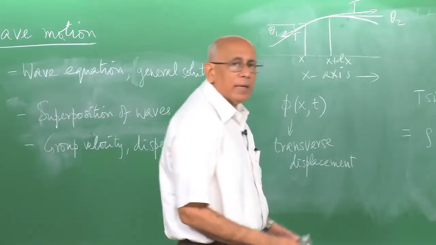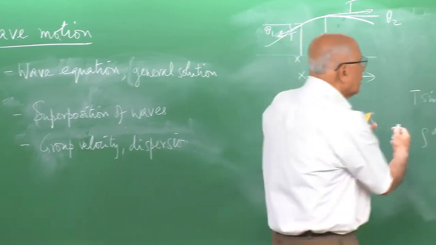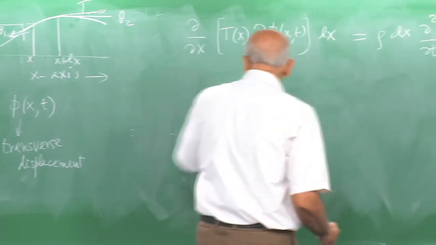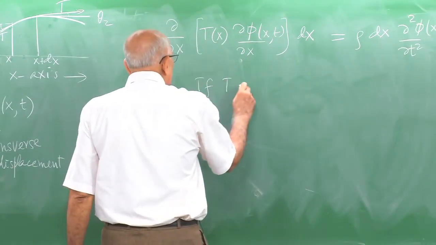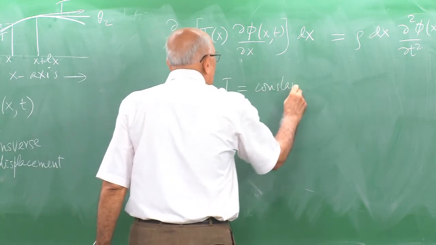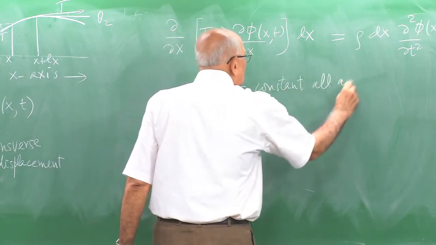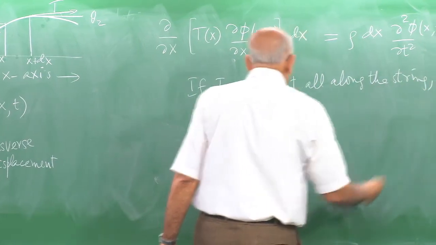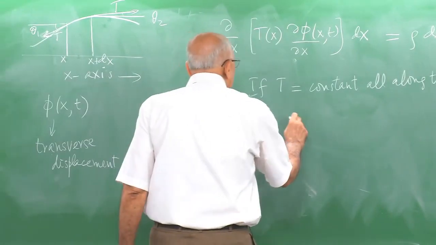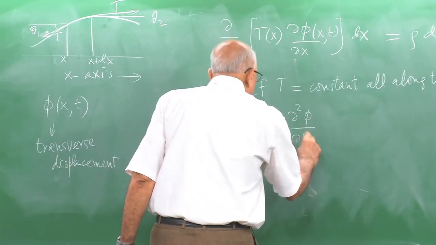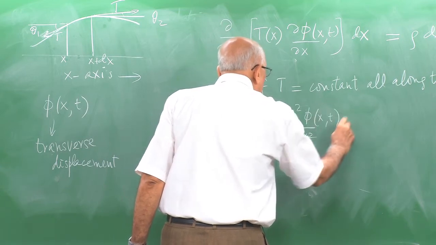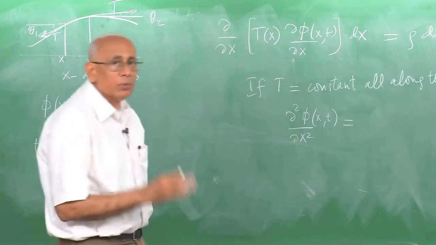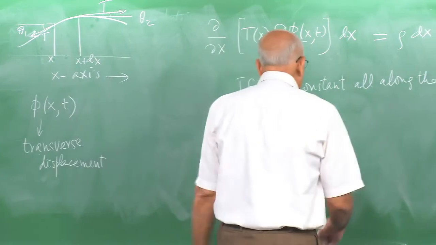So, it looks complicated, but it is actually fairly straightforward under this approximation, and then cancelling the dx out. If T is a constant all along the string, then bringing T out, it says delta 2 phi over delta x2, which is a function of x and t, equal to rho divided by T, but then square root of T over rho is what we identified with the speed, and that is emerging here automatically.